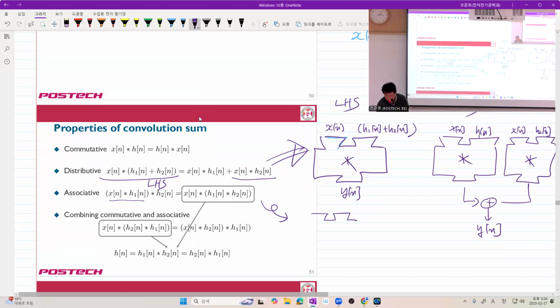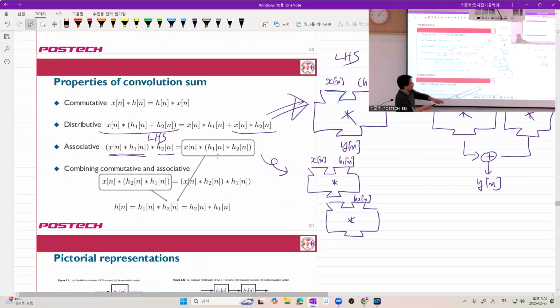So you have two inputs, x and h1. Then this and h2 is convolved. What does that mean? Something like this. So you have what? Kind of serially connected two convolution sums. Let's say this is y. And what does the right-hand side mean?